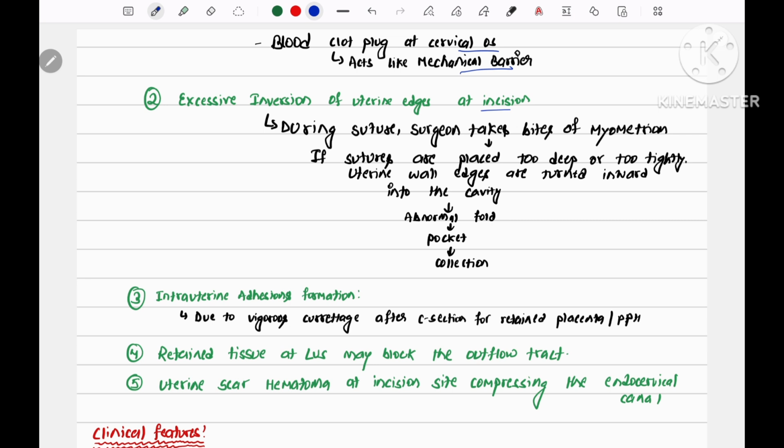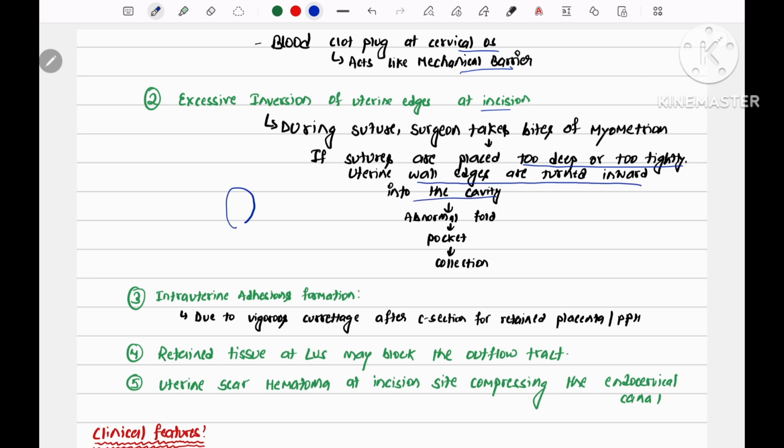And the second cause is excessive inversion of uterine edges at the incision. During suturing, as I already told, the surgeon takes a bite of myometrium, and if these sutures are placed too deep or too tightly, then the uterine wall is turned inward into the cavity.